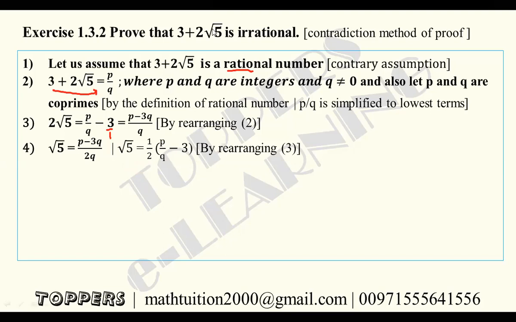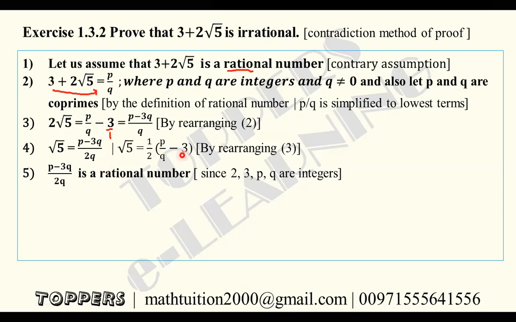Next step, we have to argue that this RHS is a rational number. How can we argue? p minus 3q by 2q is a rational number. Or if you are taking the other form, you can say 1 by 2 into p by q minus 3 is a rational number. What is the reason?